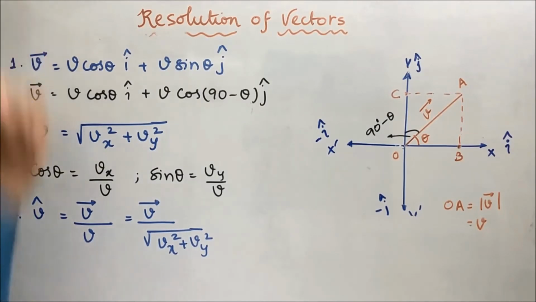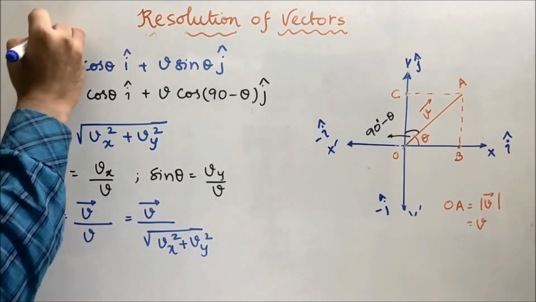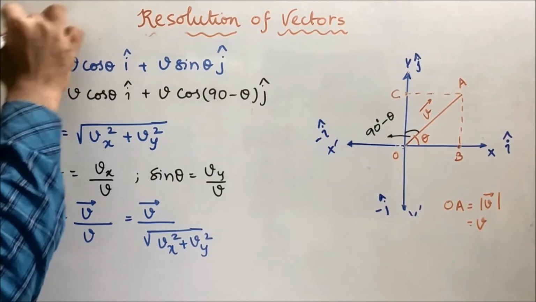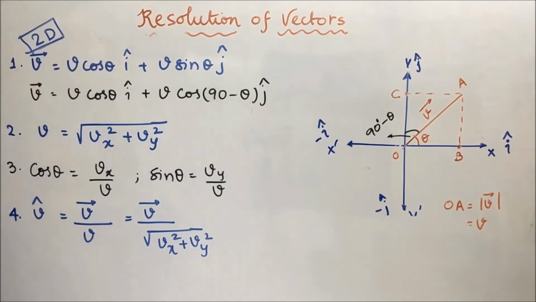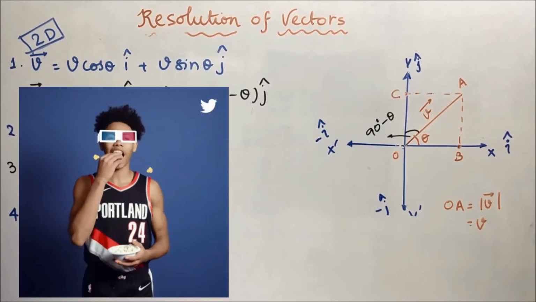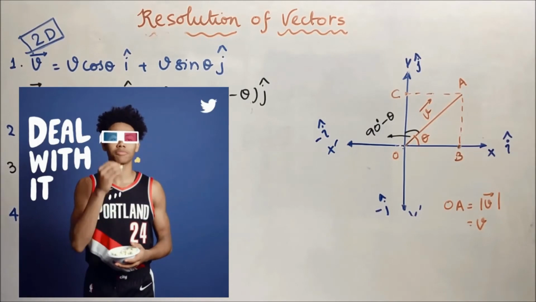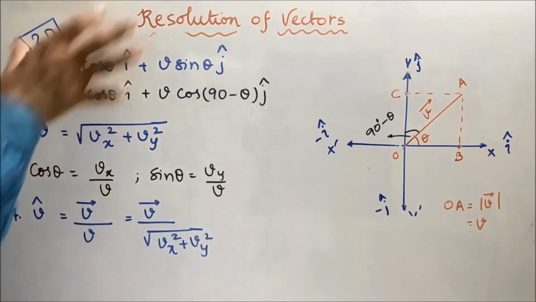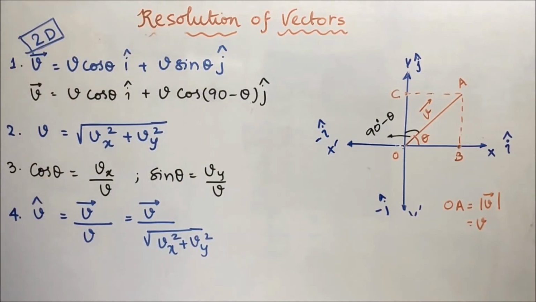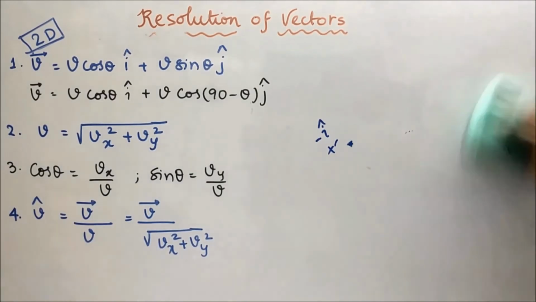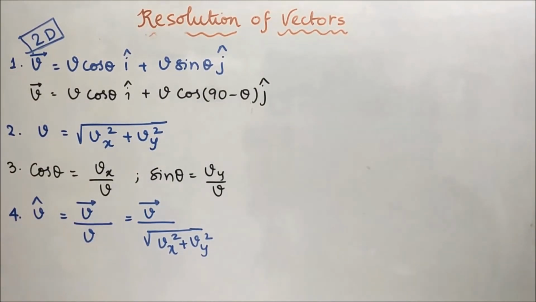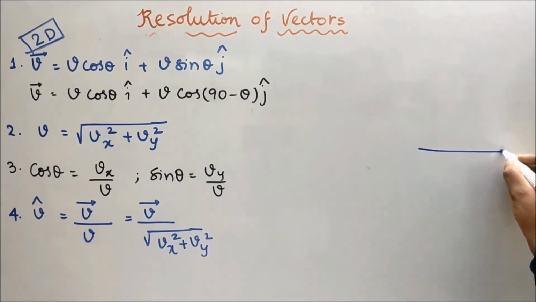Now all this is true for a two-dimensional plane. So let us expand our analysis for 3 dimensions, but I am not going to derive them. I will write them corresponding to these formulae. So 3 dimensions will have 3 axes.